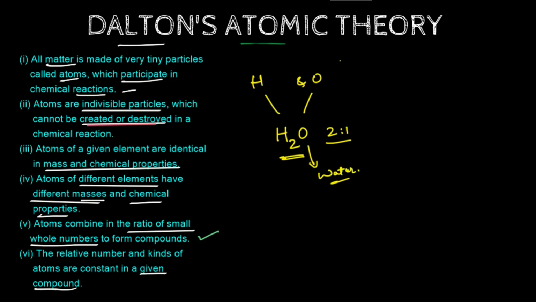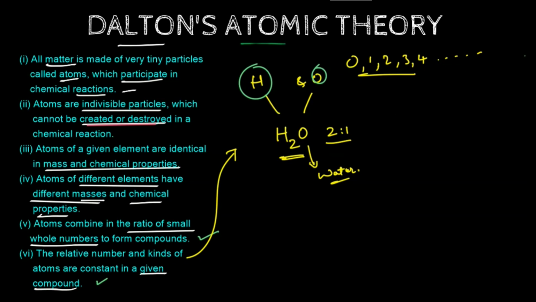Whole numbers are nothing but 0, 1, 2, 3, 4 and so on. This example also holds good for this postulate, because the relative number and kinds of atoms are constant in a given compound. That is, these atoms follow a constant ratio in which they combine to form a compound. Water is a compound. To make water, 2 hydrogens and 1 oxygen combine in a definite specific ratio to form water, H2O.